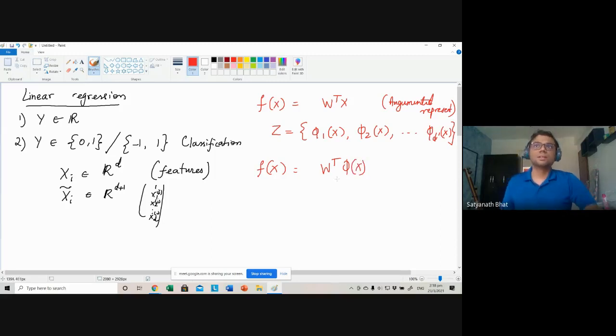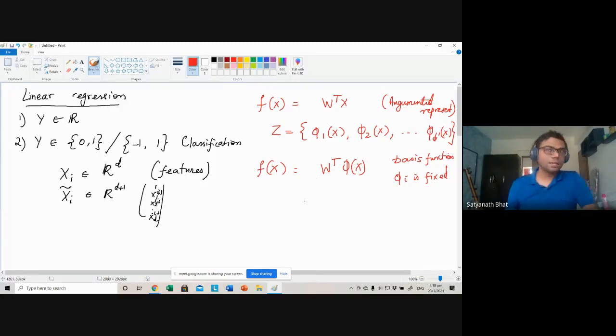Each of these functions need not be linear in x. These functions phi1 to phi d prime are sometimes called basis functions, and what is important is that they have to be fixed. Under these conditions, even w transpose phi of x is linear.